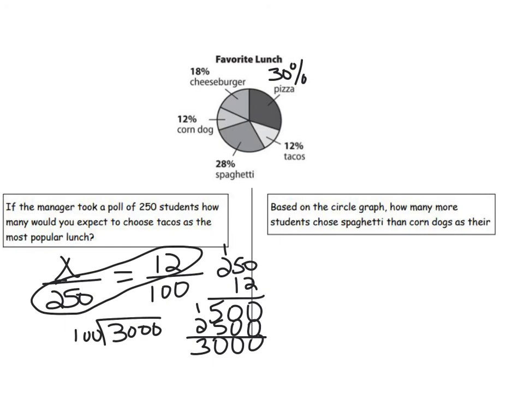So I'm going to go ahead and cross out two zeros. So 30 divided by 1 will give us 30. So that means 30 students will be expected to choose tacos as the most popular lunch.